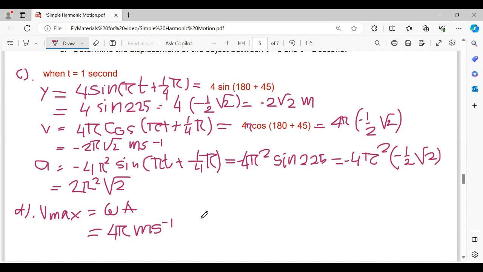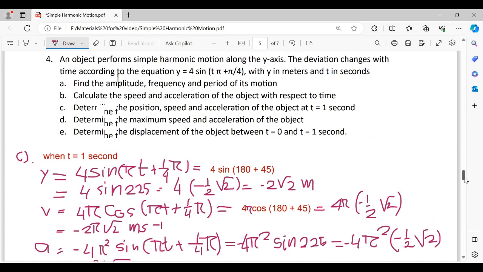For maximum acceleration, it is minus A times omega squared, which is negative 4 pi squared, and the unit is meters per second squared.